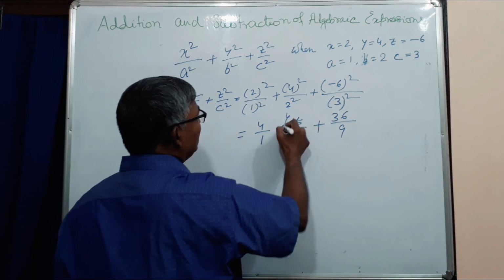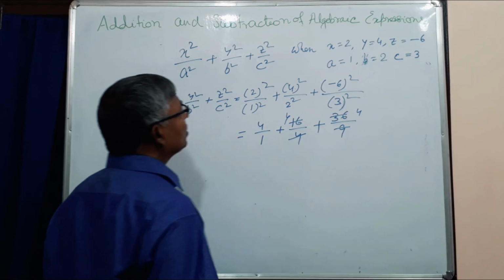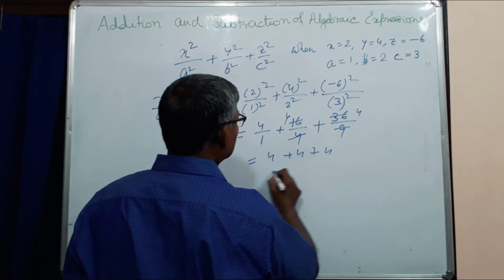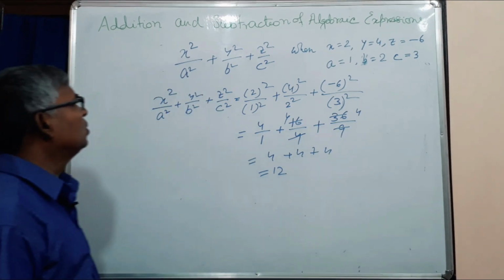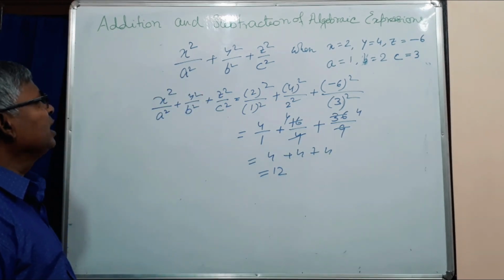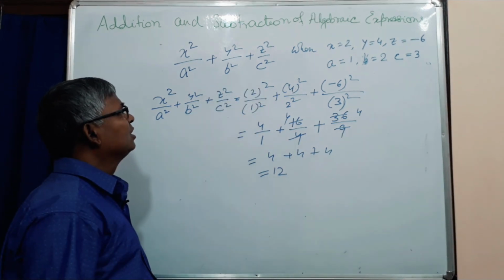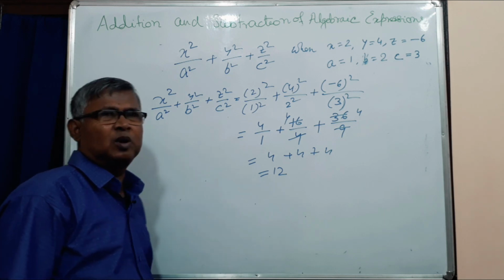So it will be 4. It will also be 4. Now we get 4 plus 4 plus 4, that is 12. So putting the values of variables in an expression and finding the solution, it is not tough.